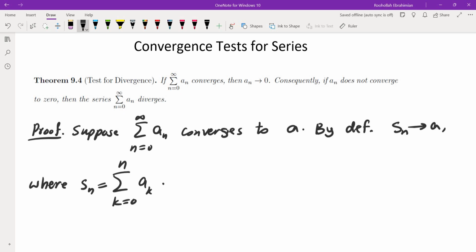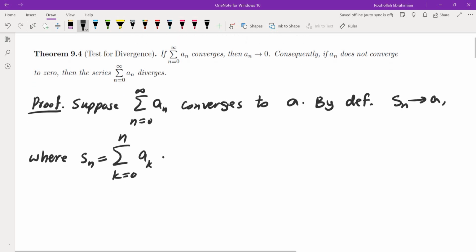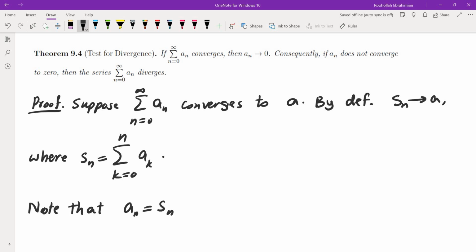So this is what it means for a series to converge. Now if you look at the nth term of the series, a_n is S_n, the nth partial sum, minus S_{n-1}.